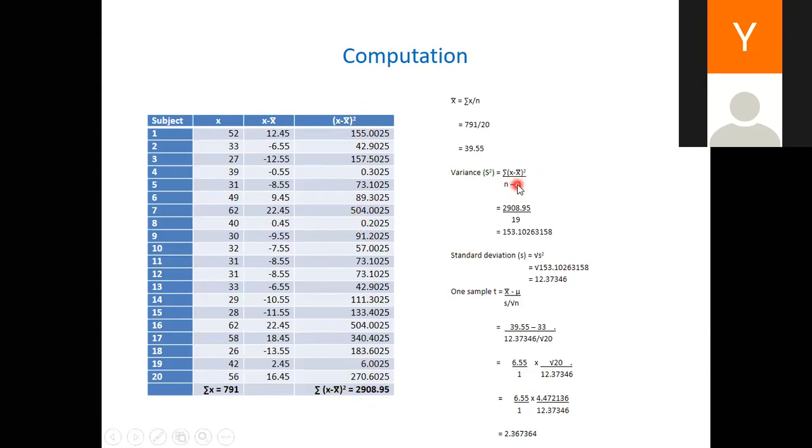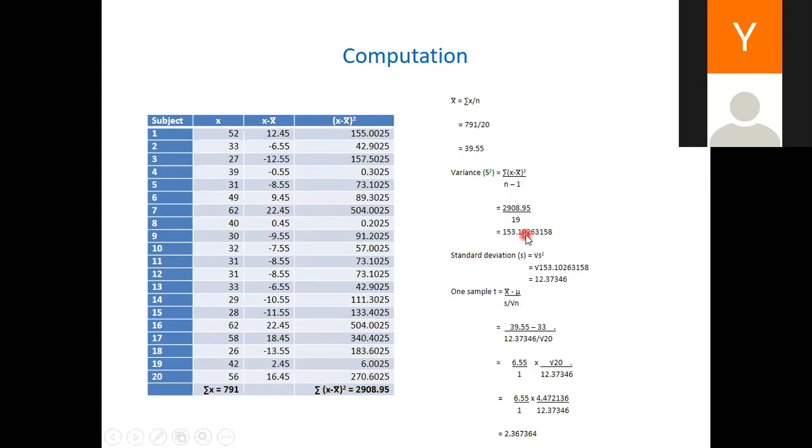When you divide by the degree of freedom, it gives you the variance. Variance is the mean square deviation from the mean. The mean of it is calculated by dividing by n minus 1. When you divide by 20 minus 1, divide by 19, it gives you this.